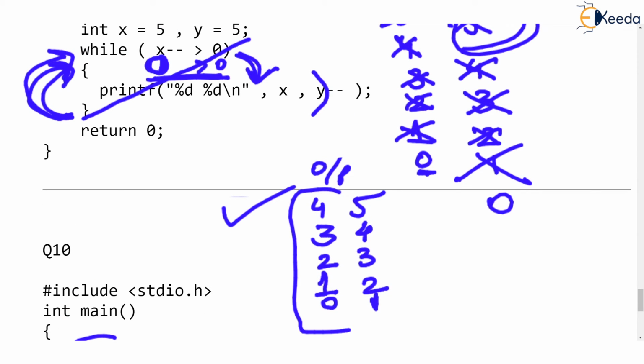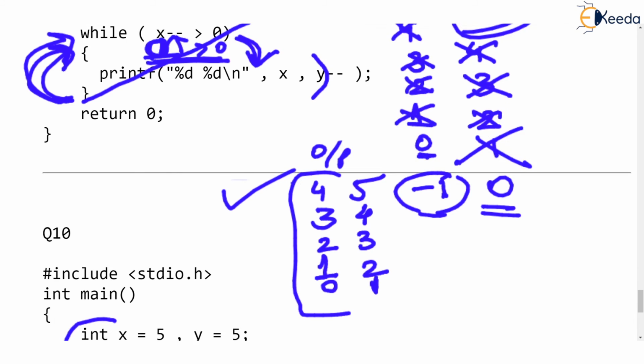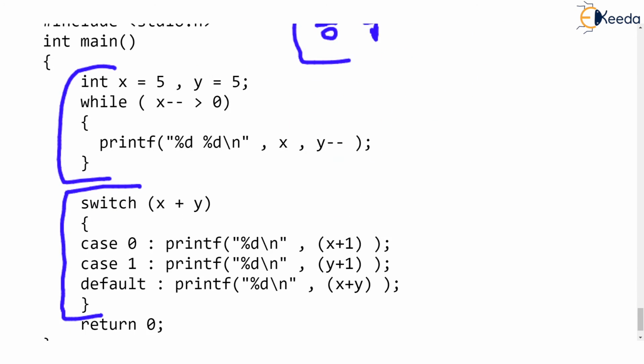See, when the loop stopped, what was the value of x? The value of x was 0, but further it was decreased by 1. So x has already become minus 1. And y is still 0. When this while loop stops, x has become minus 1, and y has become 0.